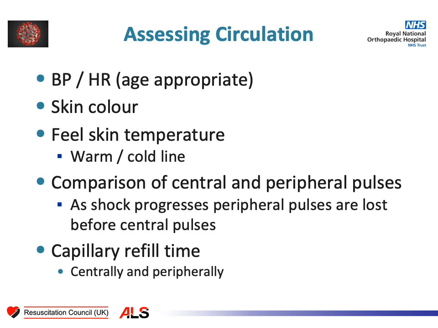We should again look at the obs chart and check whether the blood pressure and heart rate are appropriate for the patient's age. Look at the skin colour, whether they look pale or flushed, whether they feel warm or cold. Feeling the pulses is also useful, but peripheral pulses can be unreliable. Losing central pulses is a critical and pre-terminal event.